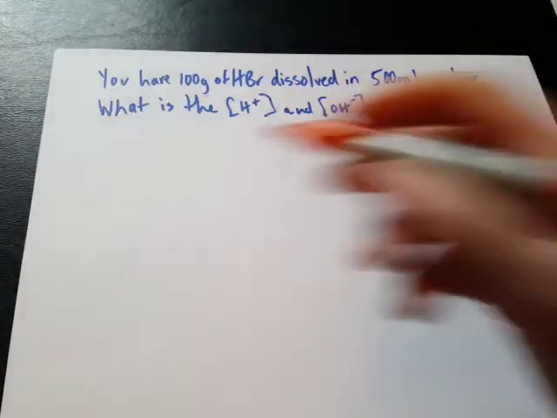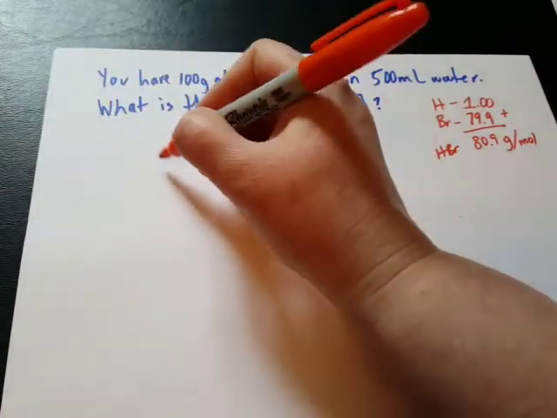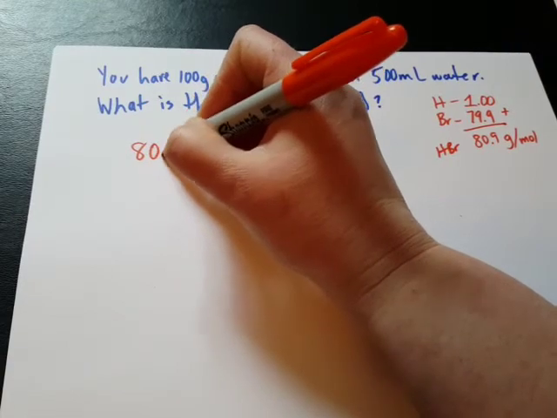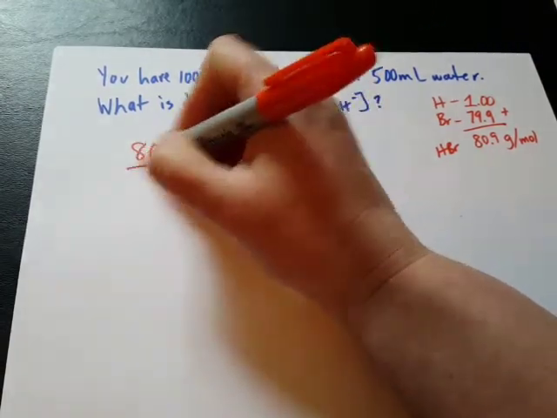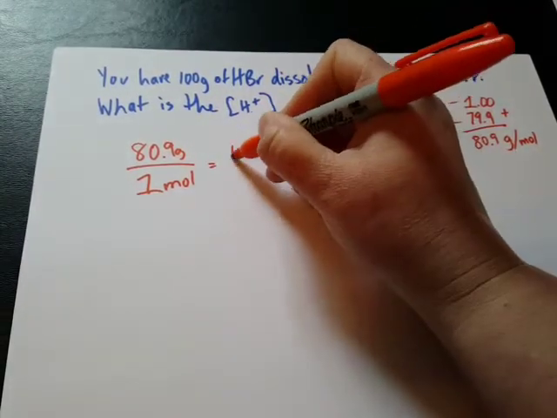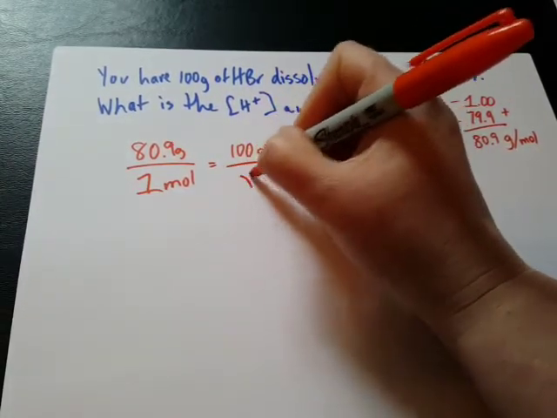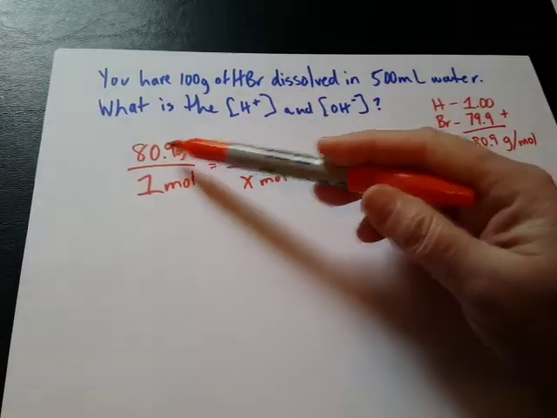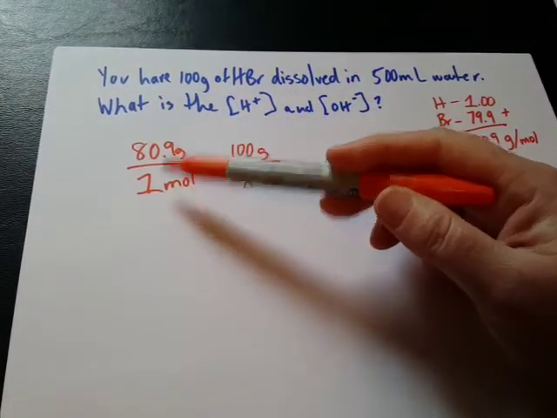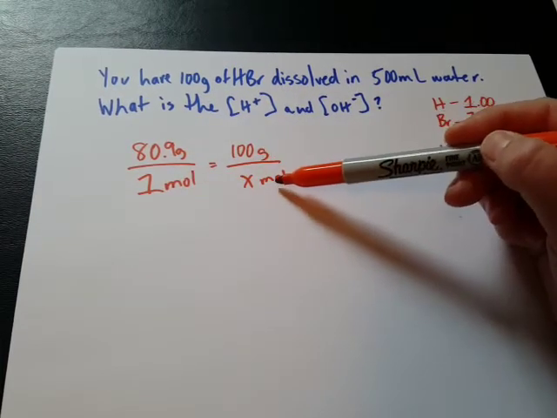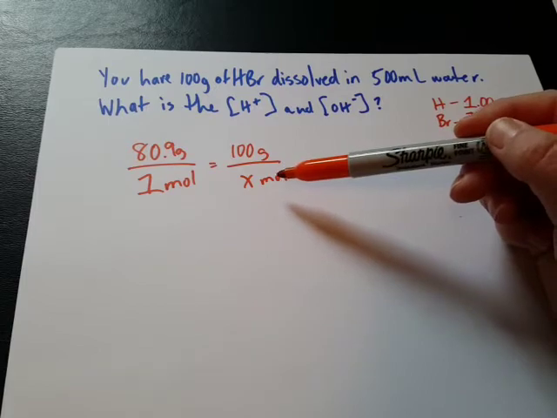Now we've been given 100 grams of this substance, so let's figure out how many moles we have. There are a lot of different ways to do this. I'm just going to use a ratio method. We've just found out that 80.9 grams is the same as 1 mole, so 100 grams is the same as X moles.